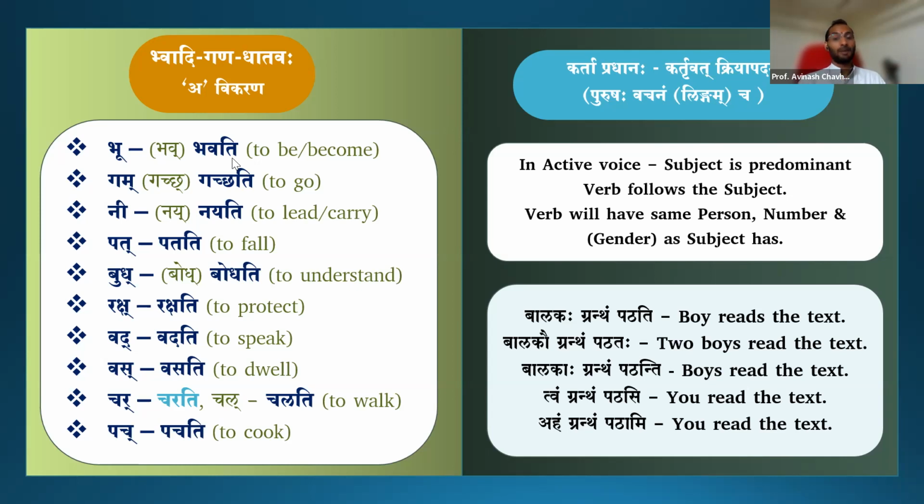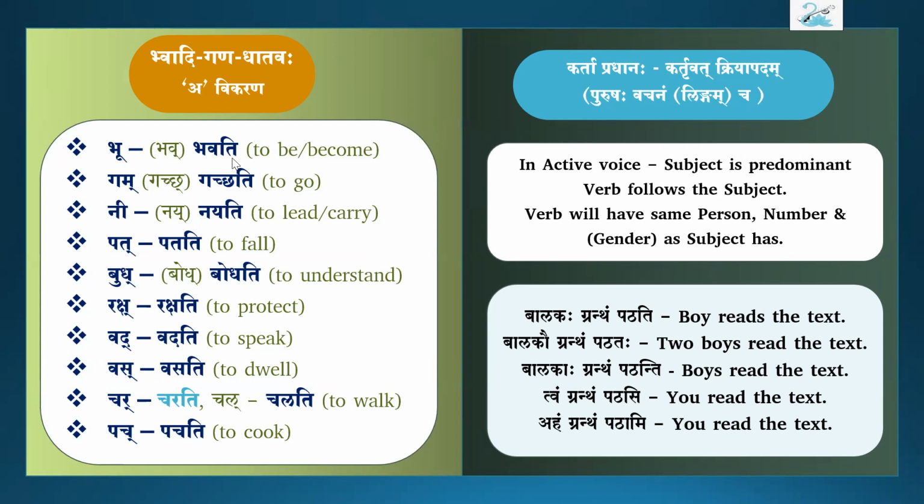Third example. Balakah grantham pathanti. Can we make it balakah grantham pathatha? No, Mohoday. Again, a similar rule, right? Yes. Good. Tvam grantham pathasi. Can we make it tvam grantham pathatha? No. Why?